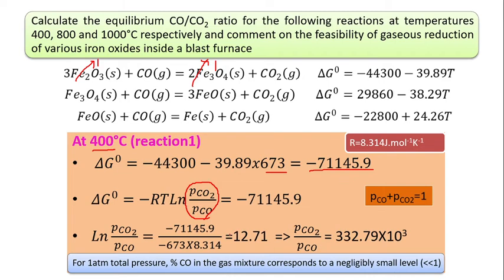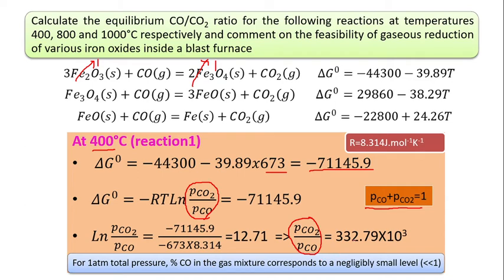From that we can calculate the partial pressure ratio of CO2 to CO, and from this we can also calculate the fraction of carbon monoxide to carbon dioxide, as the pressure is taken to be 1 atmosphere.